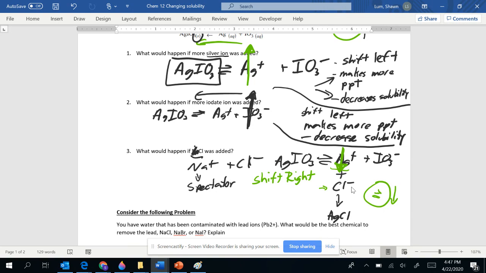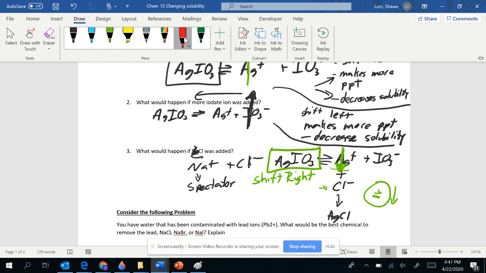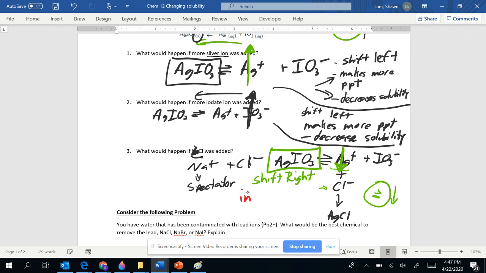When it shifts to the right, this silver iodate gets used up. More of it starts to dissolve and turn into Ag plus and IO3 minus. So it's going to increase solubility because it shifts right.